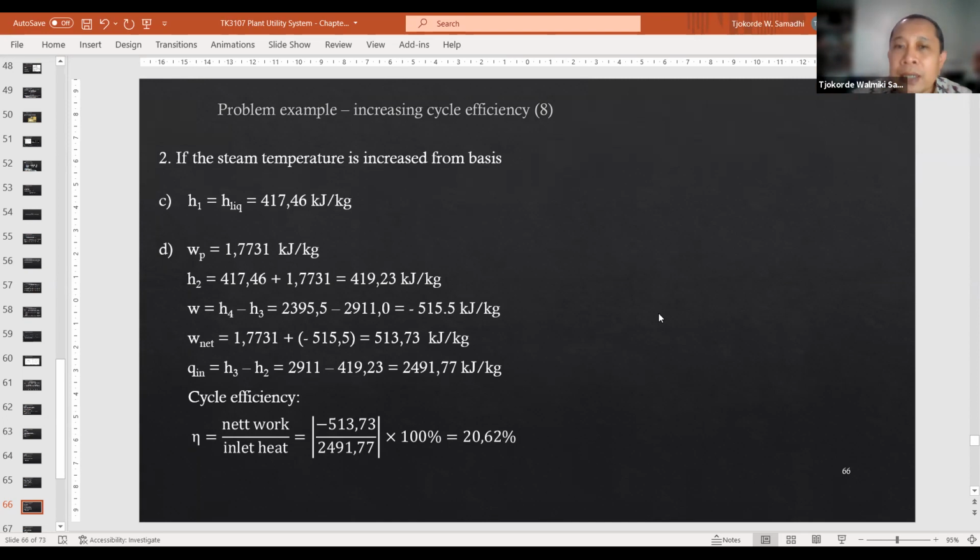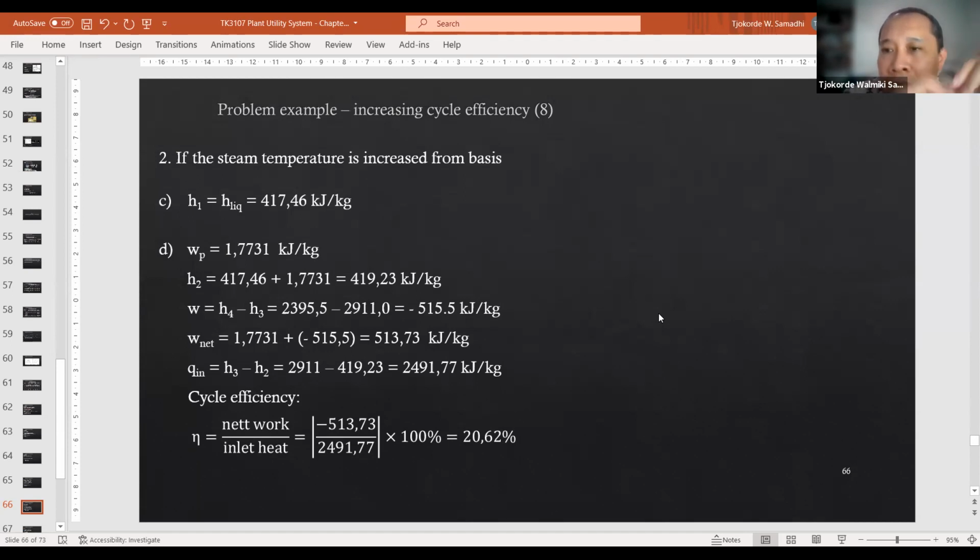Ya. Jadi dalam analisis siklus seperti ini biasanya dilakukan pertama-tama adalah menghitung efisiensi dari siklus dasarnya, dari keadaan dasar. Ya. Kemudian kita mengubah-ubah beberapa variabel, misalnya tekanan boilernya, temperatur boilernya, atau dua-duanya sekaligus kita manipulasi dan kita lihat bagaimana pengaruhnya terhadap cycle efficiency.